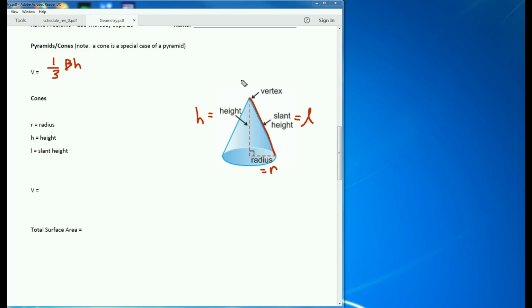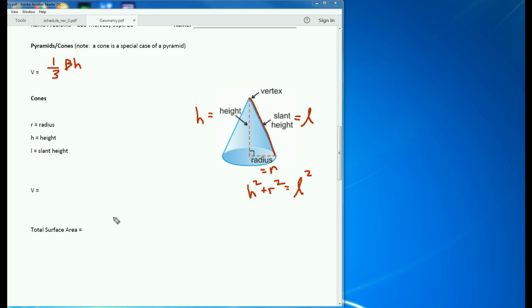So, using the Pythagorean theorem, the relationship between these is, of course, that h squared plus r squared equals the slant height, or lowercase l squared.